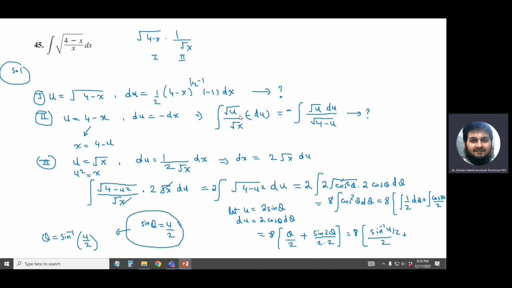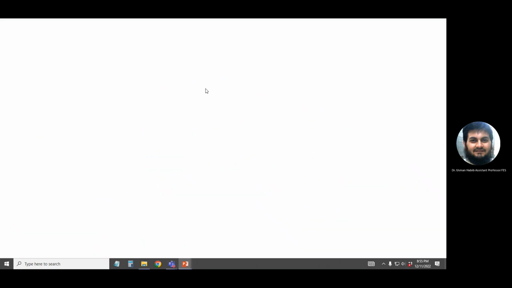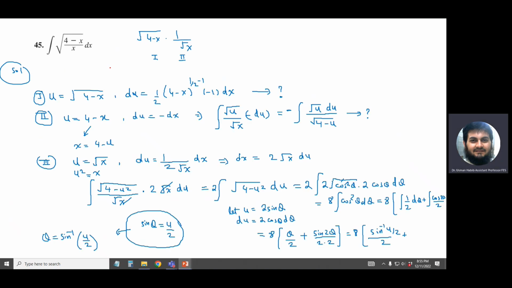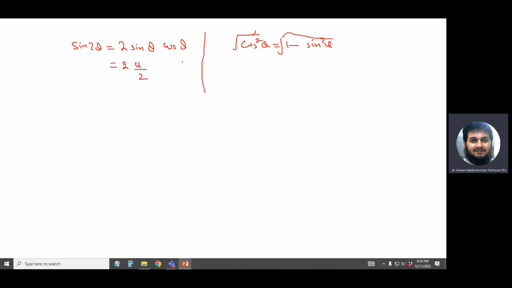let me add another slide for this. Sine of 2 theta equals 2 sine theta cos theta. And from our previous slide, we know sine theta equals u over 2. So 2 multiplied by u over 2. For cos theta, like I said before, we're going to go with the identity 1 minus sine square theta, take the square root on both sides, and you will get cos of theta.